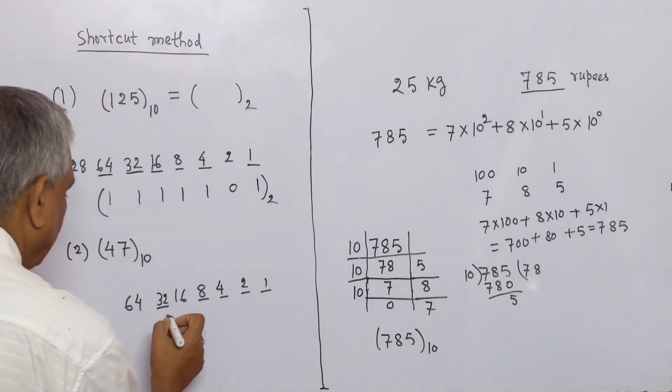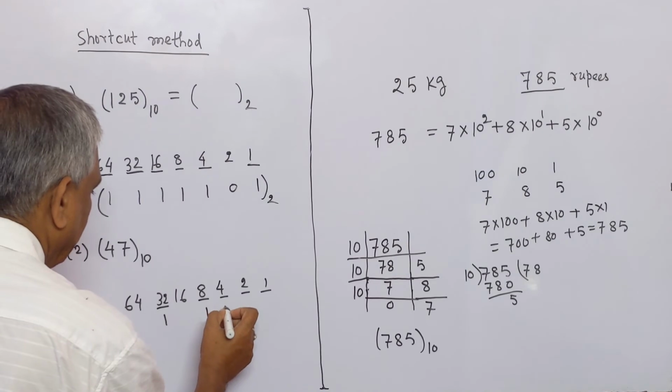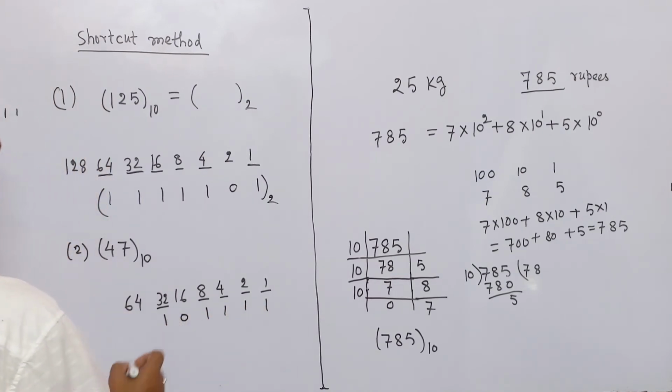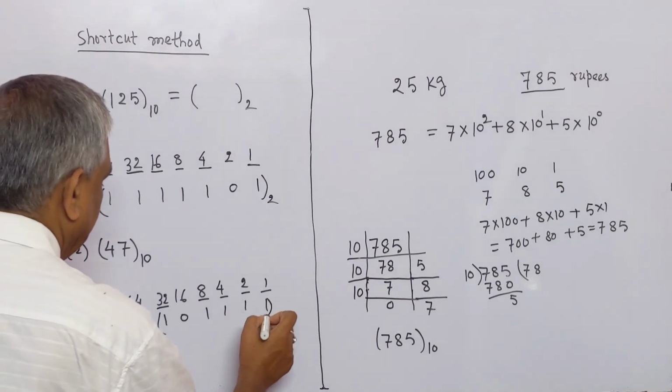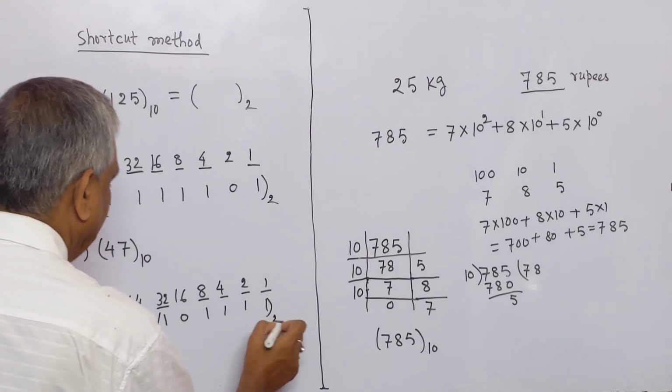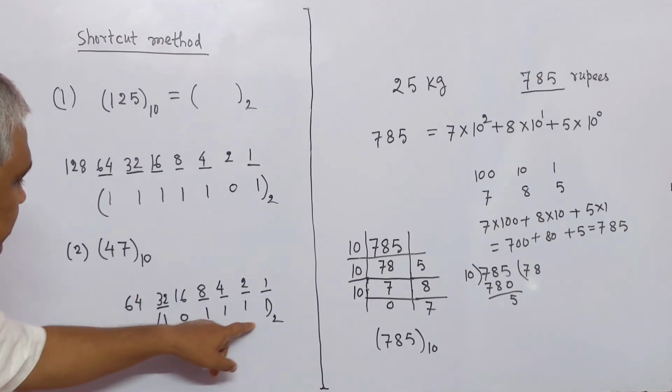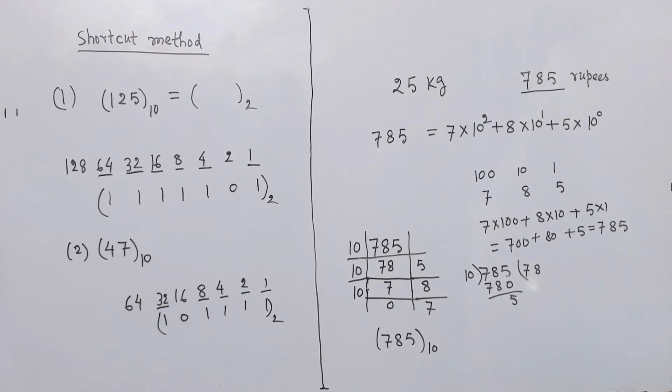So we write here 1, 1, 1, 1, 1. Rest places 0. So this is the number in binary system. 47 in decimal system is this number in binary system.